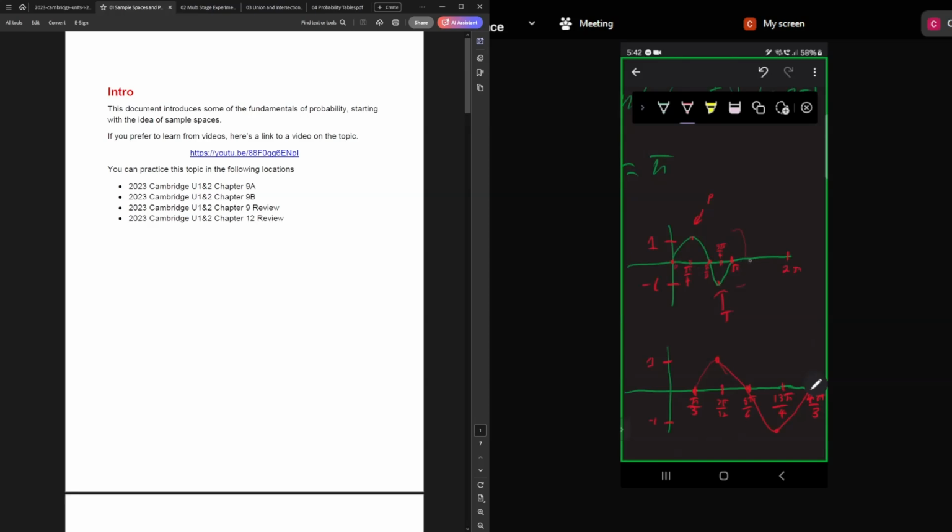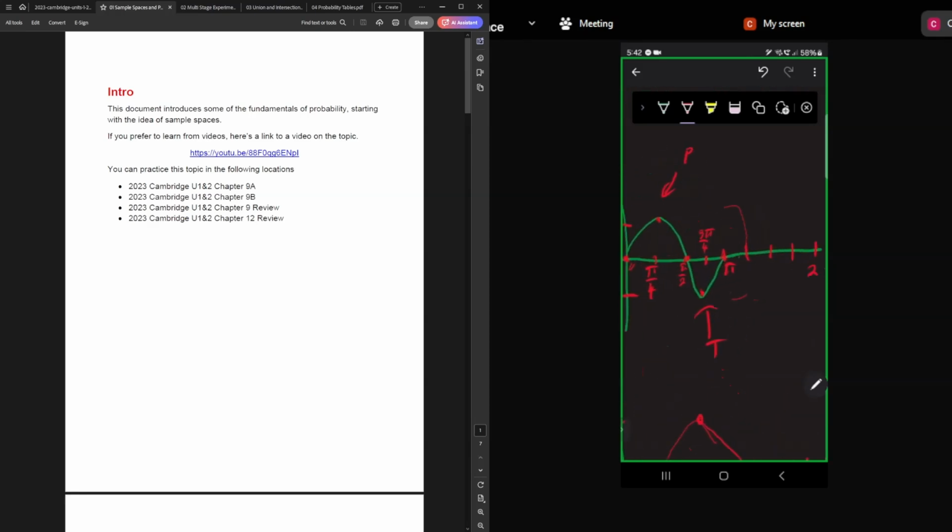So it's going to be that, like that, like that. So 4 pi over 4, 5 pi over 4. 6 pi over 4, 7 pi over 4, and 8 pi over 4. So this is 3 pi on 2. Is it fair enough how I've extended that out?